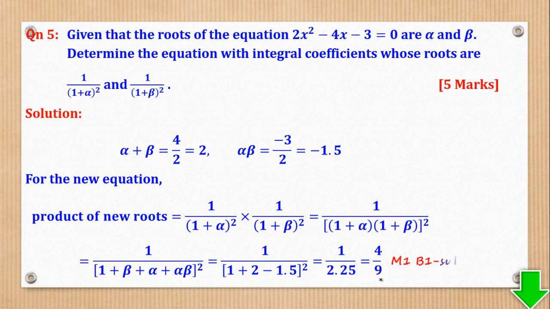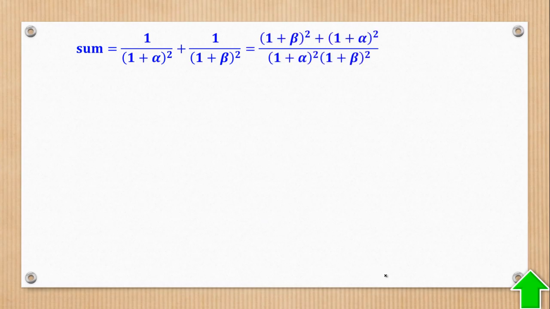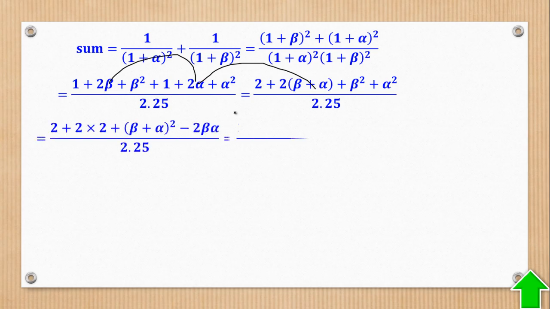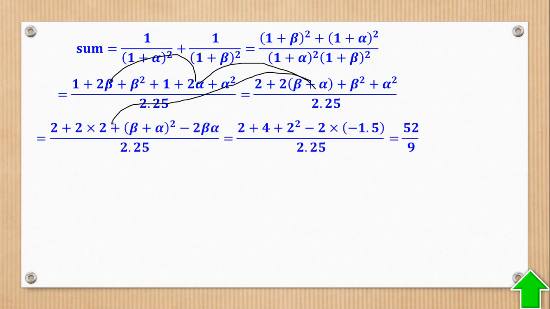That was product. What about sum? So sum also, get the LCM, expand the numerator, but the numerator is already known from the product. Rearrange, so this with this can be combined into 2 to get the sum, which is here.